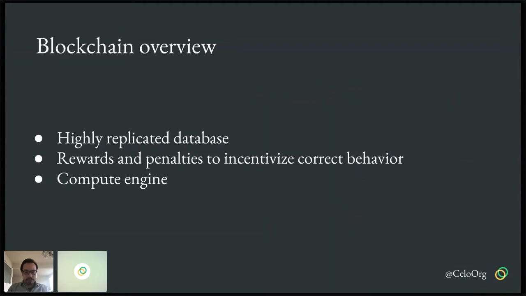Now, all this data must be approved by a number of miners or validators, and they normally have similar roles, but just different terminology. So miners are for proof of work blockchains, and validators usually are for proof of stake blockchains. And blockchain systems normally bake in rewards and penalties to incentivize correct behaviors of these validators.